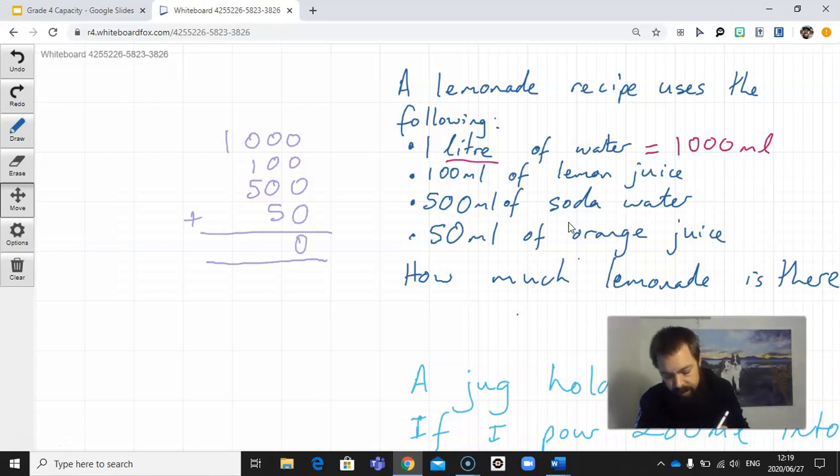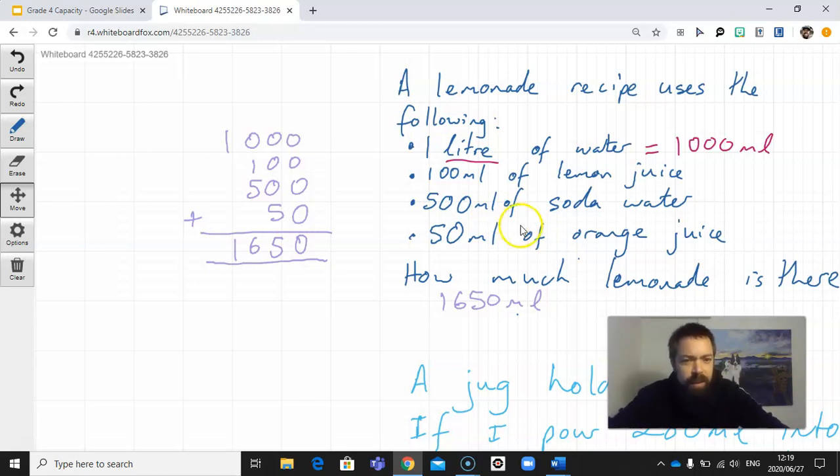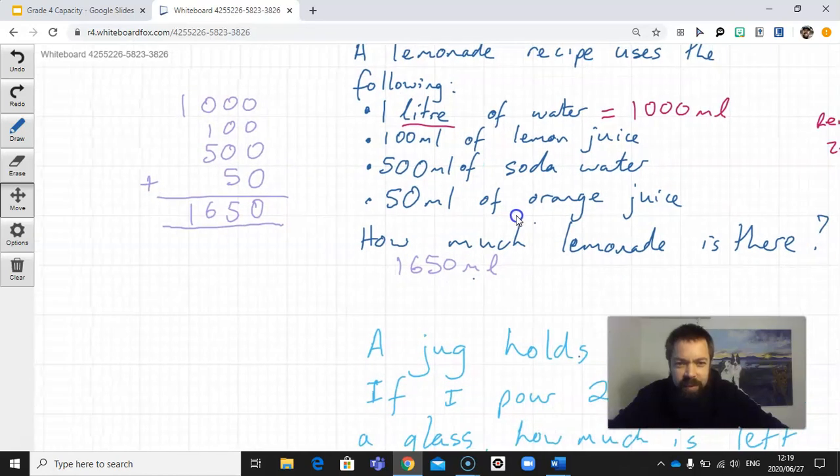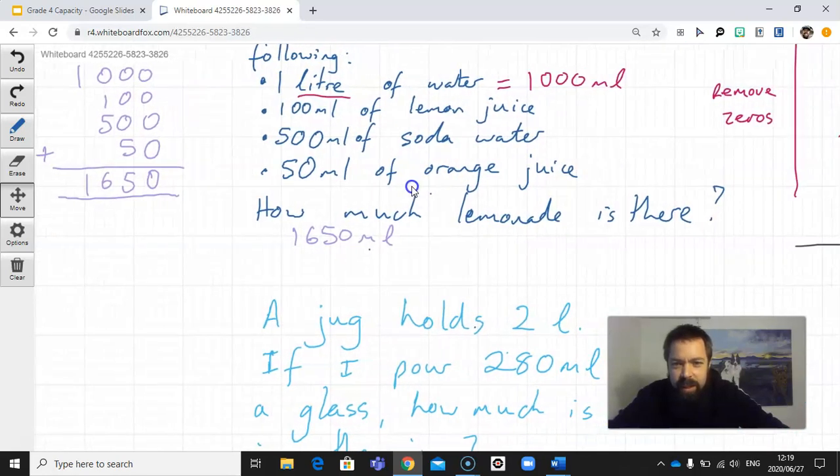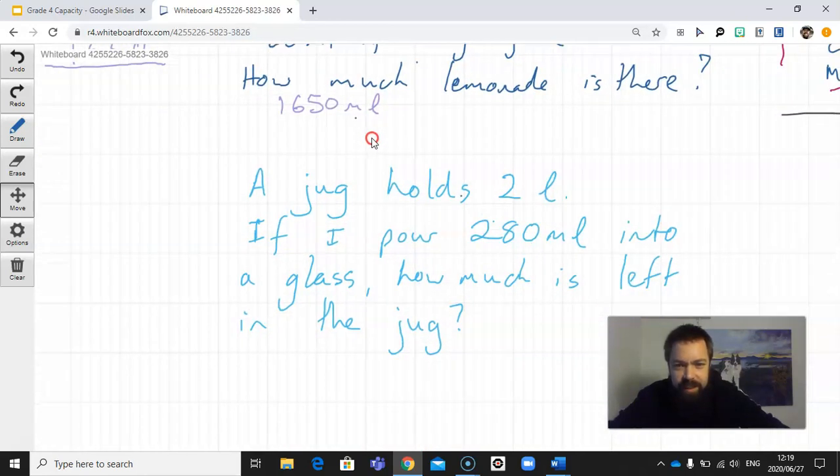The next column I get 5, the next column I get 6, and the next column I get 1. So then my answer for how much lemonade there is, is 1,650 milliliters. I would ask you to put that in a word sentence. So you have 1,650 milliliters of lemonade, but I'm not going to do that for now. Okay, that, if you're good with decimals or conversions, is the same as 1,65 liters.